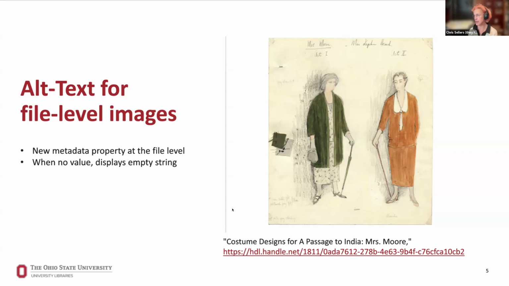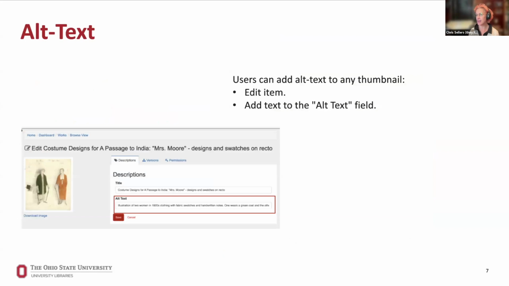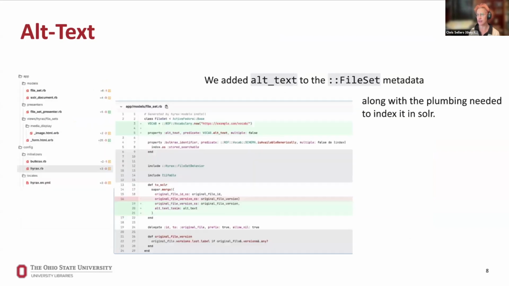This is an example that we had, a drawing of a costume design for Passage to India. So for that, if the user goes down to the items at the bottom of the record and selects to edit one of those, they can add alt text there on the edit item interface, fill that out and hit save, and it will get added.